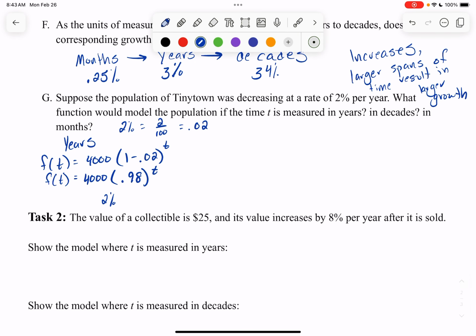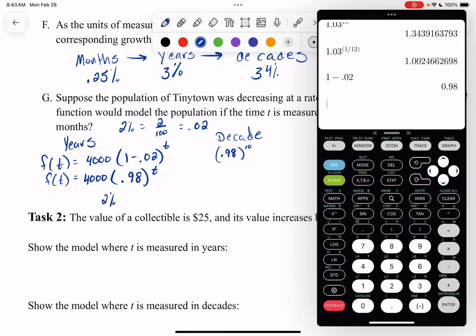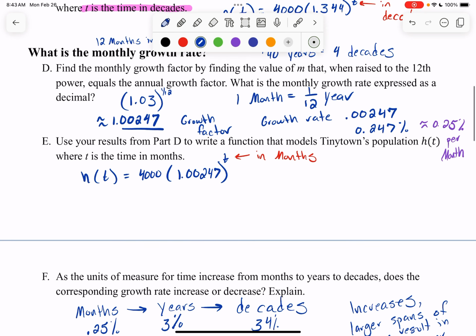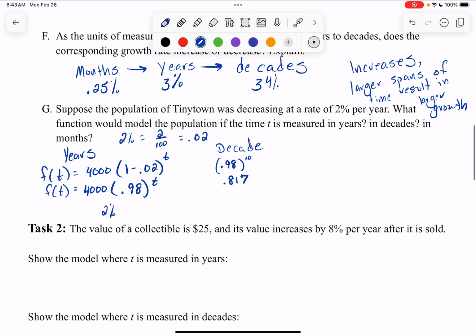Okay, so our growth factor is 0.98. All right, so now let's do it for a decade. There are 10 years in a decade. So I take this 0.98 and take it to the 10th power. 0.98 to the 10th, I now get 0.817, which is that growth factor. So I can write my function. What did we call this one? That was a g of t, I believe. Yep.